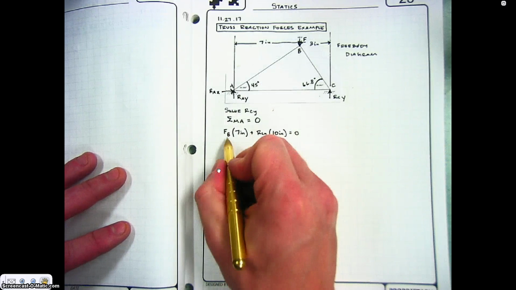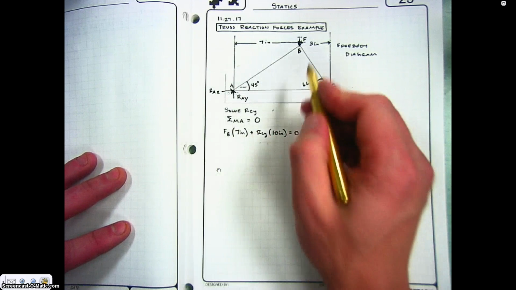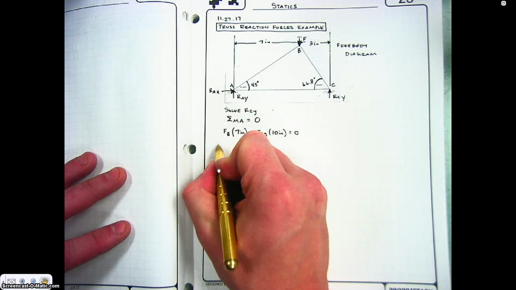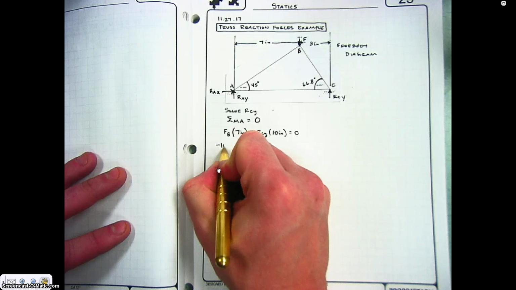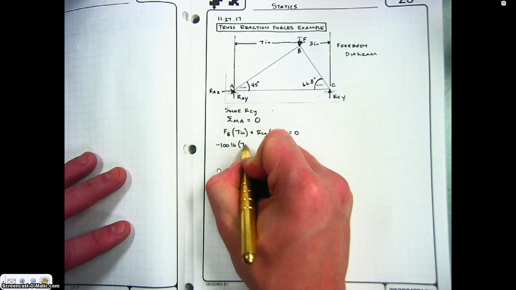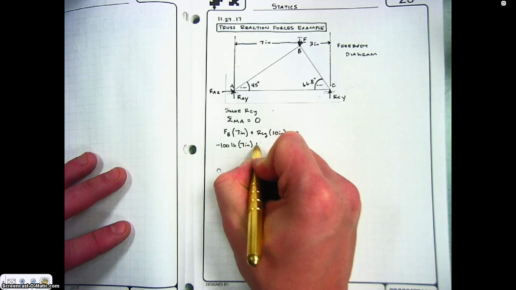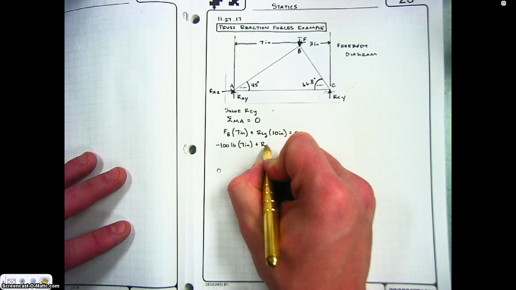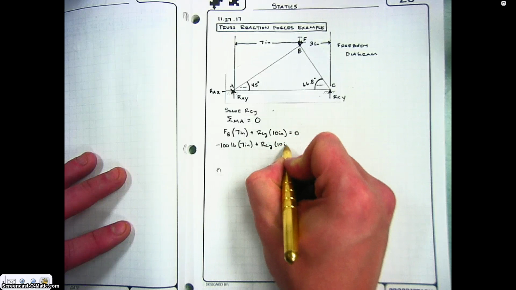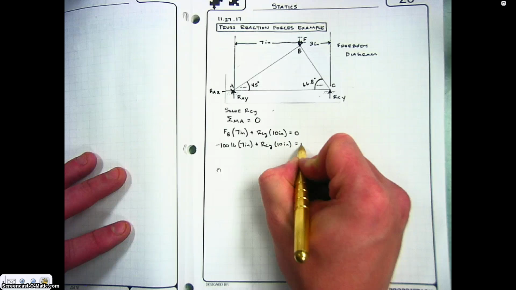So I can plug in my force at B. Because the force is going down, it's negative. And so I'm going to say negative 100 pounds times 7 inches plus the reaction force at C in the y direction times 10 inches for that moment have to be equal to 0.